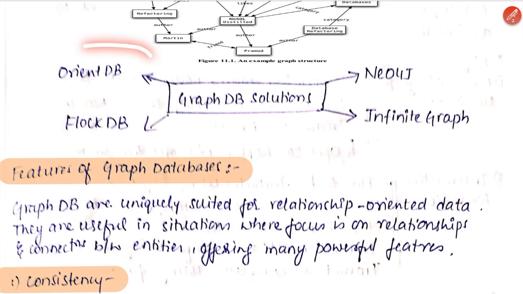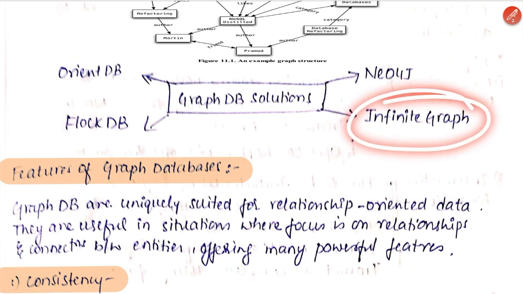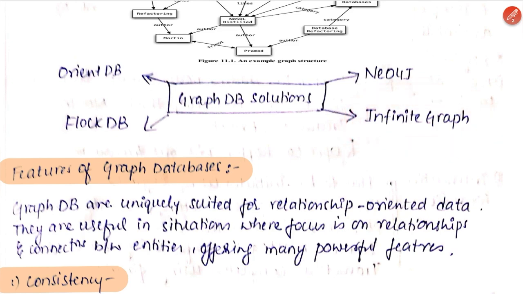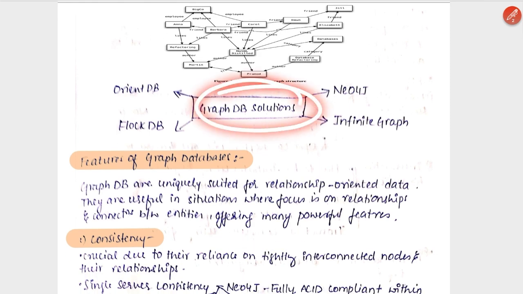Then we have Orient database, a multi-model database that supports graph, document, object, key value, everything. Next we have Folk database, a distributed graph database optimized for handling large scale straightforward graph traversals. Infinite graph is a concept which comes under Java programming. Again, it also supports graph database execution.